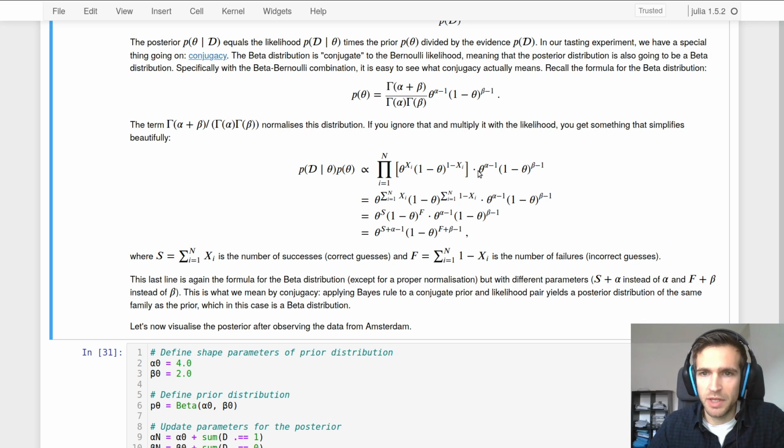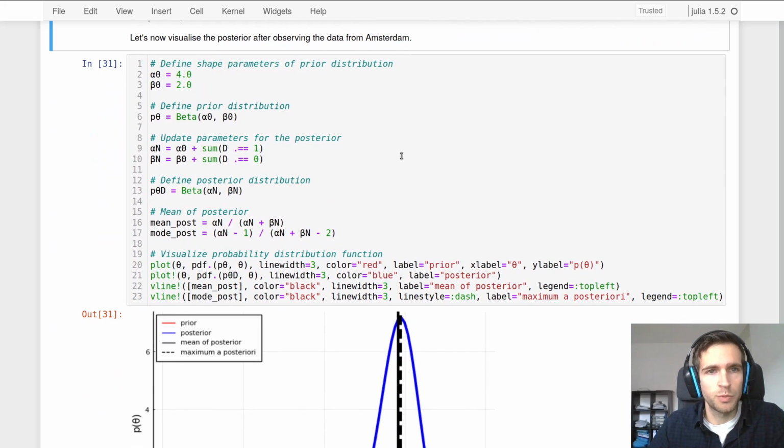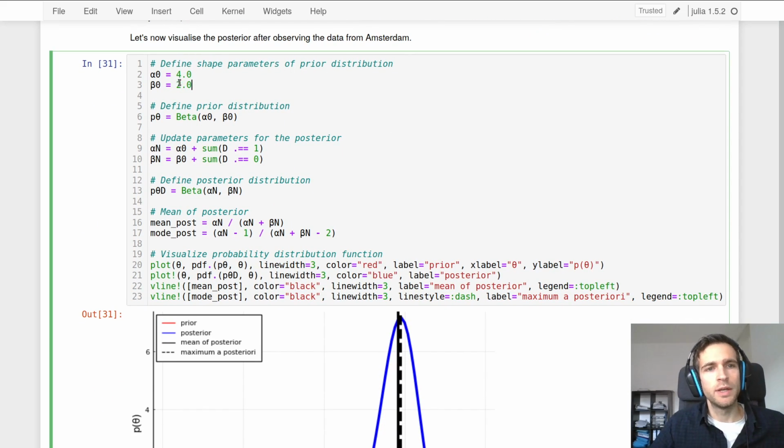You'll notice that the normalization term for the prior has been left out, and now that we've recovered this functional form, we can renormalize to get a beta distribution. So that's also what we're doing here in code. Alpha 0 and beta 0 are the shape parameters of the prior distribution, and we're calling them 0 because they are the shape parameters of this distribution after 0 observations.